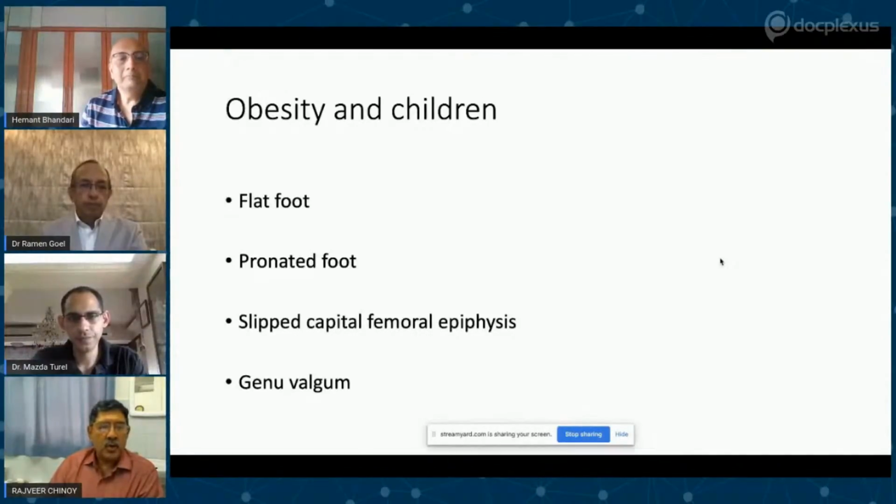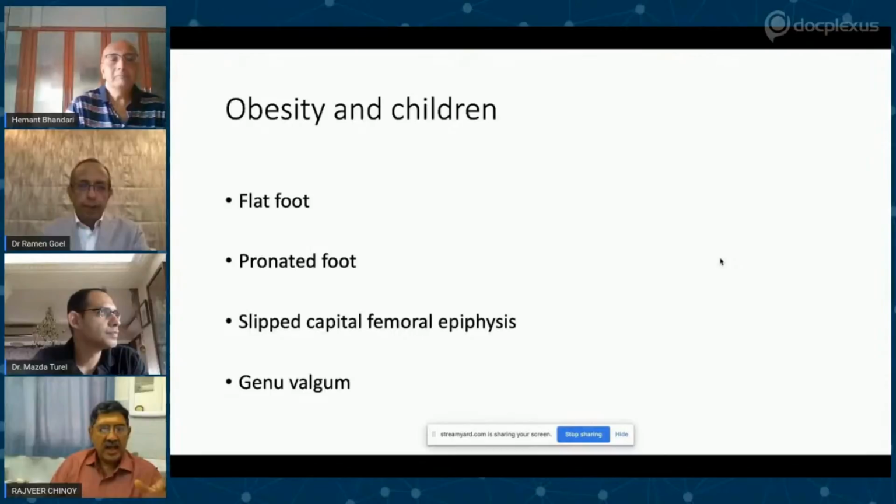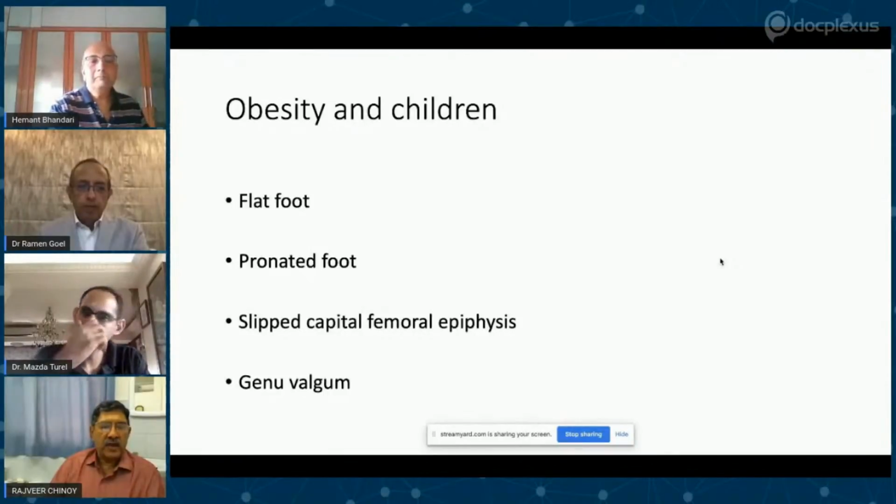If there are hormonal problems, or if the person is very small and fat, or tall and thin, again with the hormonal element, you can have slipped capital femoral epiphysis. And because the child has been overweight when the bones were weak and soft, they end up with either genu valgum or genu varum, both of which mechanically affect their knees and their gait.